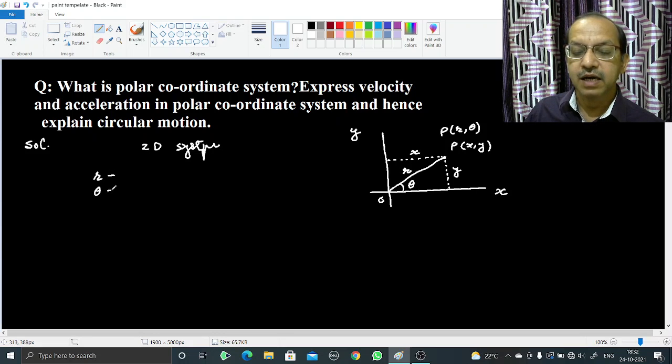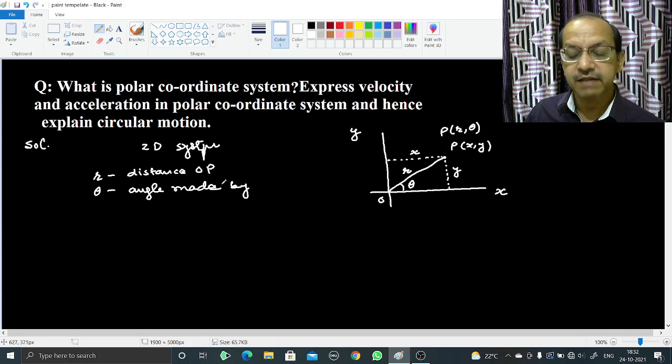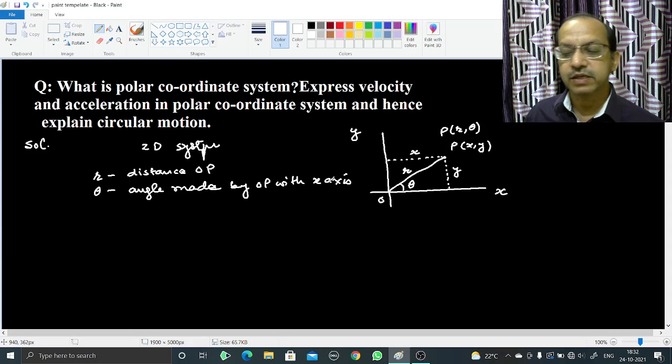R is the distance OP. And theta is the angle made by this radial vector, OP, with the x-axis, or you can say the reference axis, or reference line.